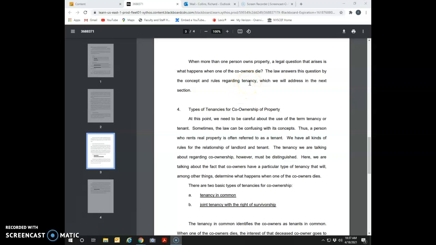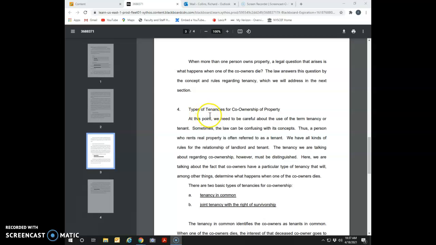So most of us, our earliest experience in dealing with real property is that we rent an apartment or a house somewhere, and we're the tenant and the owner is the landlord. But tenancy here is used as a way to describe co-ownership.